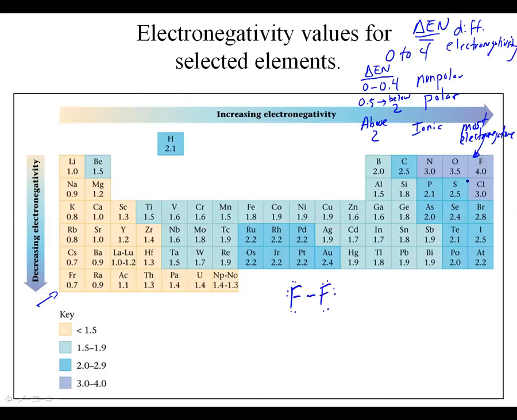If we look up on our electronegativity table, fluorine has a value of 4, and this fluorine has a value of 4. So when we take the difference in electronegativity, it's 4 minus 4, which gives you 0. And 0 tells us that it is going to be a nonpolar bond.